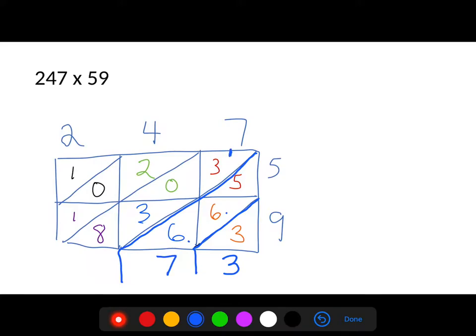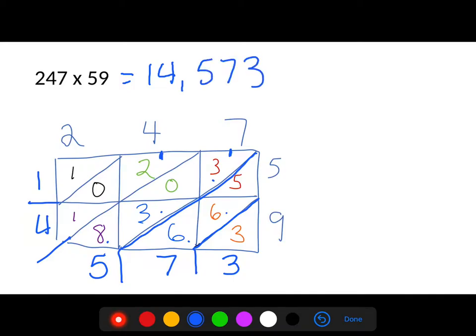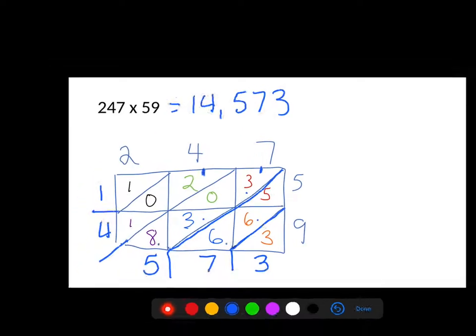Carry the 1. Regrouping to the hundreds, I'll have 8, 11, 14, 15, regrouping, I'll end up with 4 and 1. So my answer is going to be 14,573. And that is the lattice algorithm.